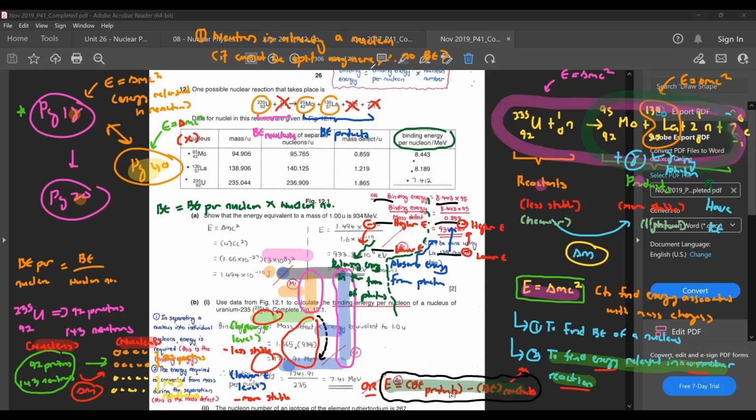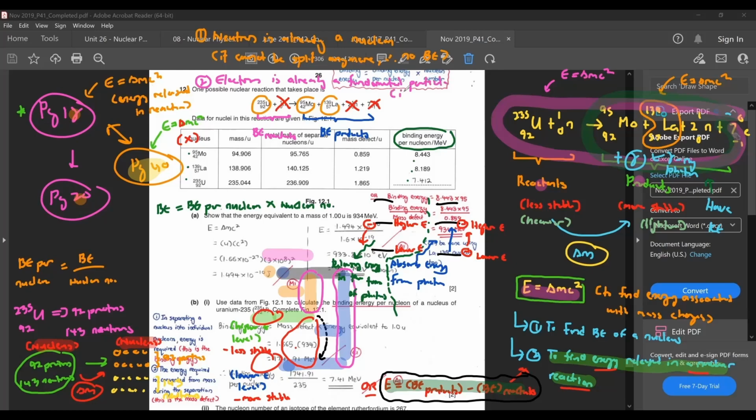Definition of BE formally is you are trying to split a nucleus into individual nucleons completely to infinity, right? So because your neutron is already a nucleon, there is no point in splitting it out anymore. It cannot split out anymore. So no BE here. A similar reasoning also applies for electrons. Electron is already a fundamental particle.